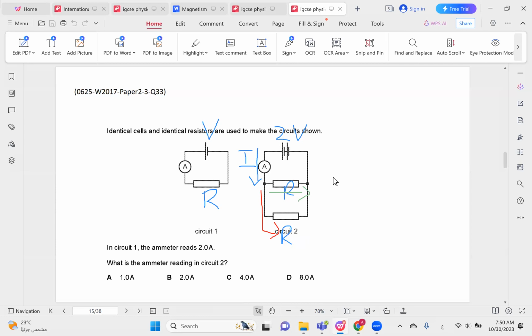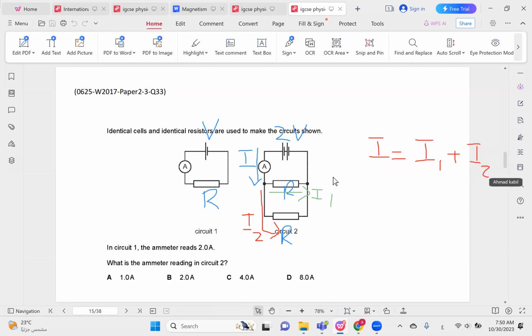So let's call the green current I1 maybe, and the red current I2. We should know that I is equal to I1 plus I2.